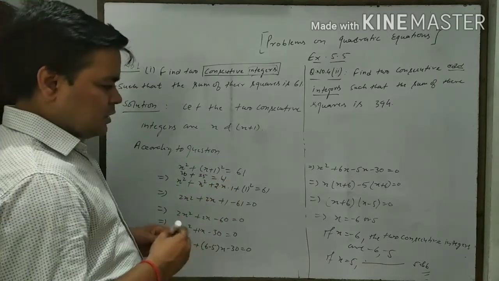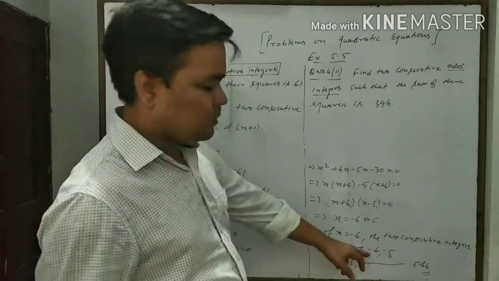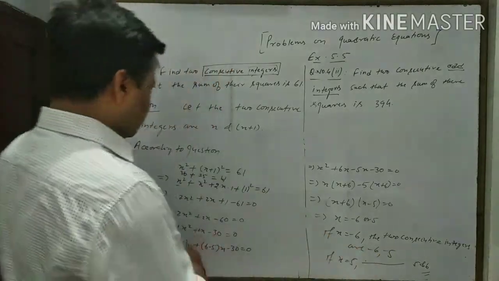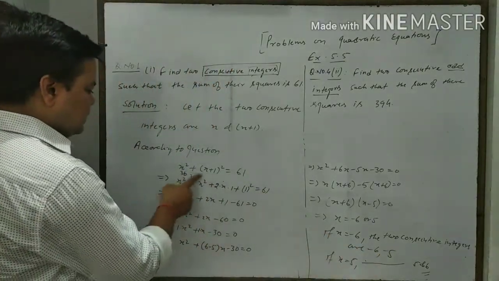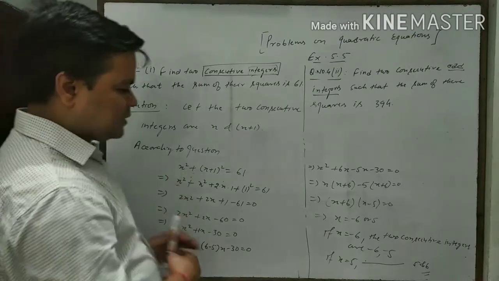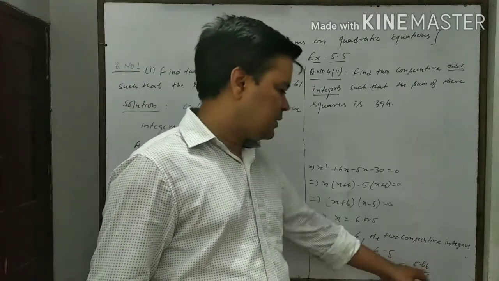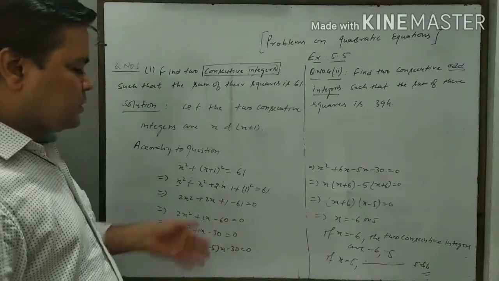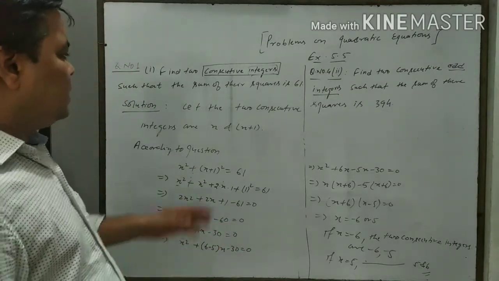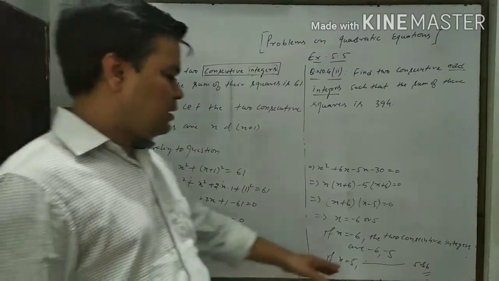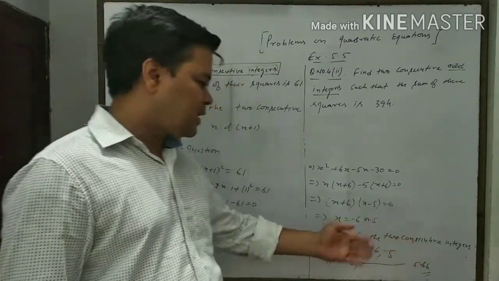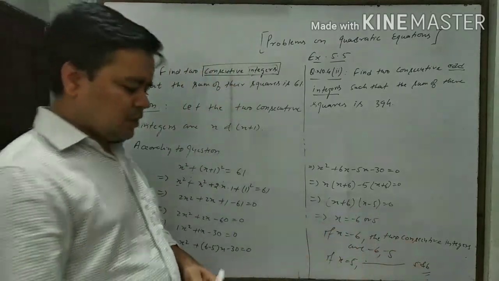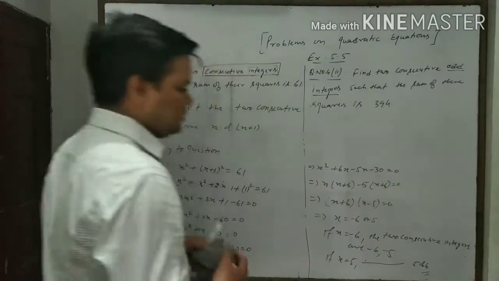So if we take the value of x as minus 6 and minus 5, it satisfies the given equation. Similarly, if we take the value of x as 5 and 6, then also the equation will be satisfied. It means the answer will be that the two consecutive integers are 5, 6 or minus 6, minus 5. In this way you can solve this question.